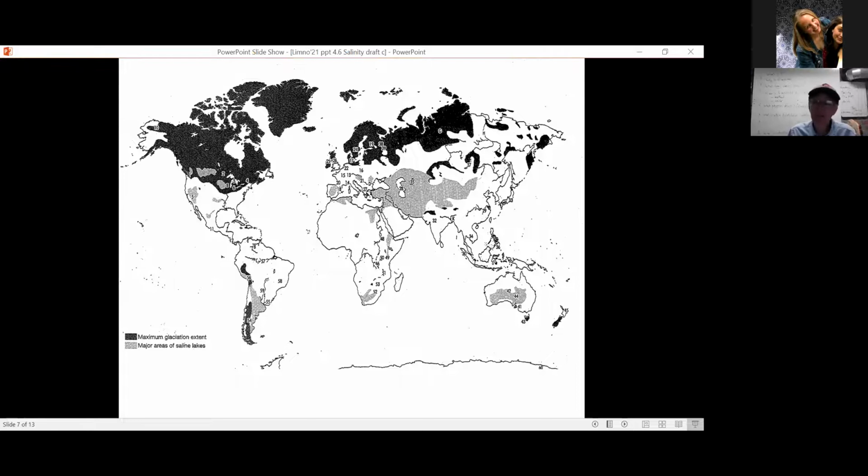So why is that? You're going to find salt lakes where there's liquid water flowing in, but it evaporates at an equal rate to the rate at which it flows in. So whatever the basin is never fills up and spills over, right? We call that a closed basin lake.